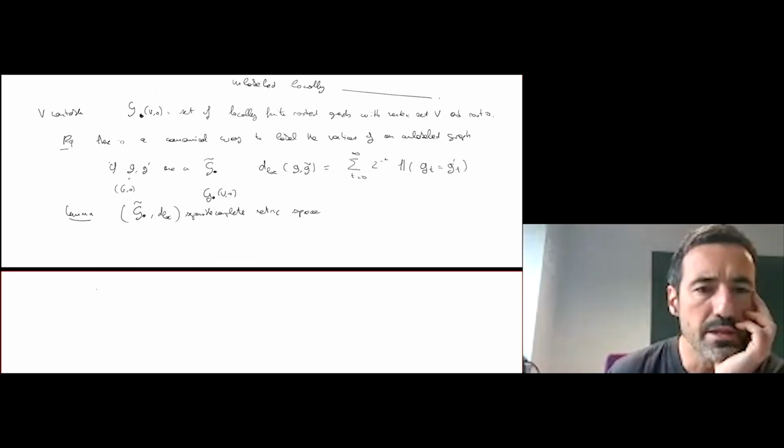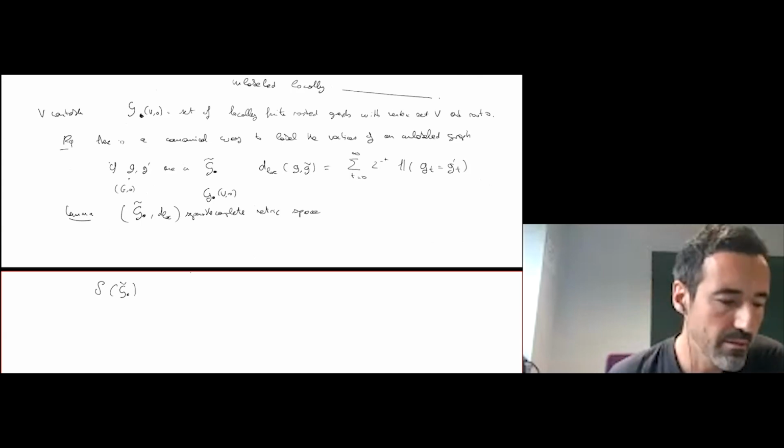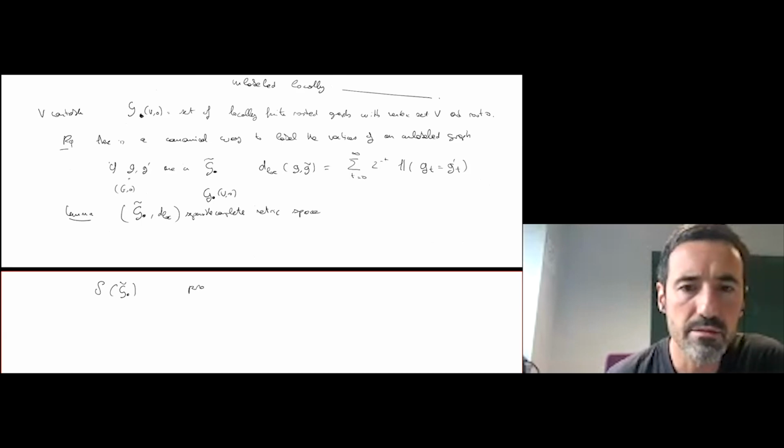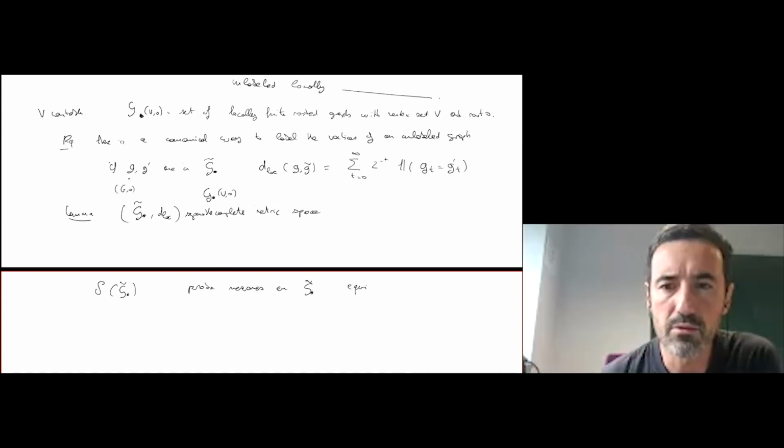You define P, the set of probability measures on G tilde, on G, and you equip it with the weak topology.